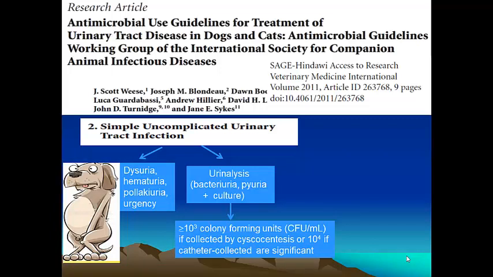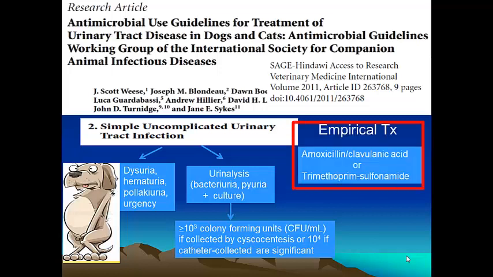So you basically need both the clinical signs and the positive cultures to make a diagnosis of a urinary tract infection which deserves treatment. As you can see here, one of the empirical treatments, which is usually a first-line choice, is amoxicillin clavulanic acid or a trimethoprim sulfa drug. And obviously, if you have a sensitivity test, you can reevaluate whether that empirical treatment continues to be appropriate or not.